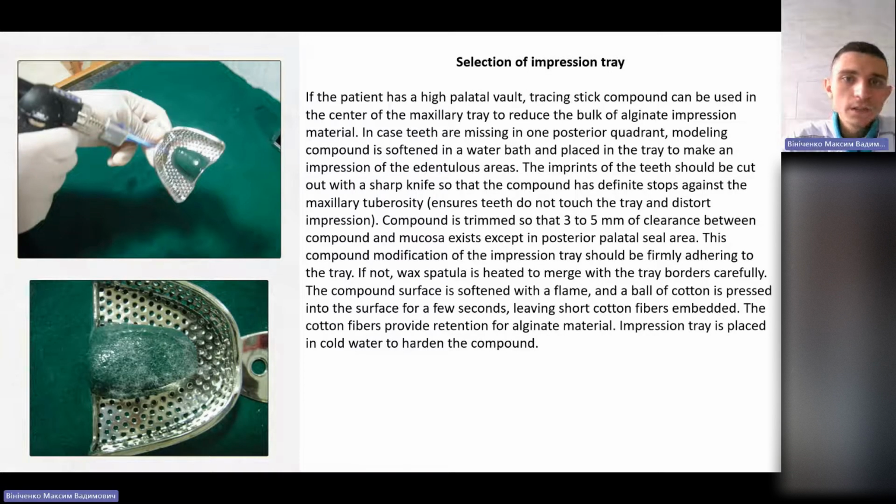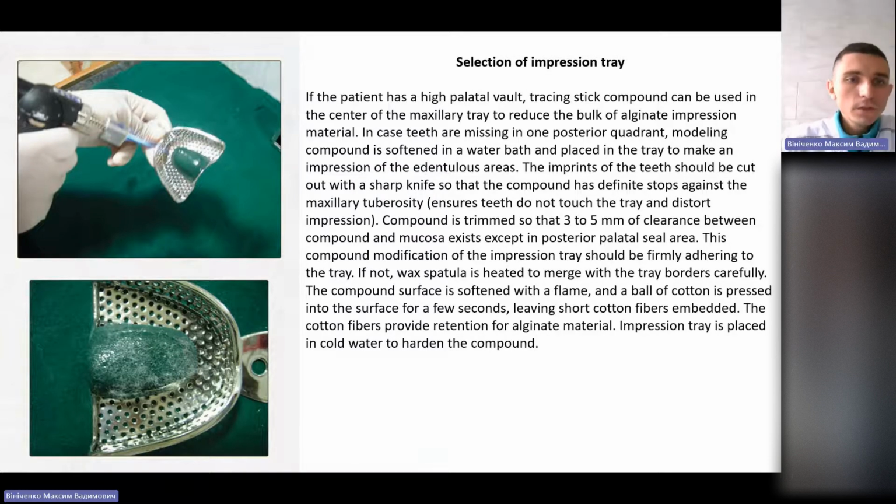The imprints of the teeth should be cut out with a sharp knife so that the compound has definite stops against the maxillary tuberosity. Compound is trimmed so that 3 to 5 millimeters of clearance between compound and mucosa exists, except in the posterior palatal seal area. This compound modification of the impression tray should be firmly adhering to the tray. If not, a heated wax spatula is used to merge it with the tray borders carefully.